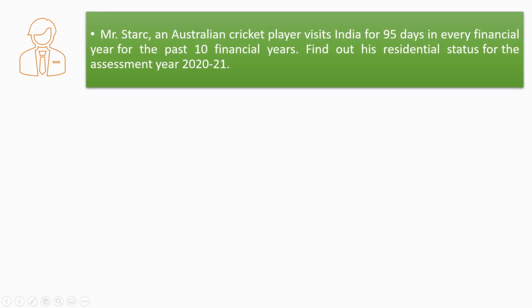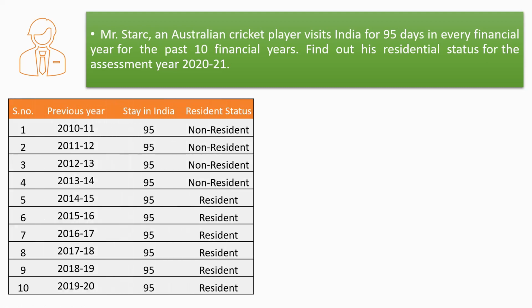Let's take another example. Mr. Stark, an Australian cricket player, visits India for 95 days in every financial year for the past 10 financial years. Find out his residential status for the assessment year 2020 to 21. We will draw a table for easy understanding. Like before, we will check first basic condition. He doesn't satisfy first basic condition, since his stay is less than 182 days.